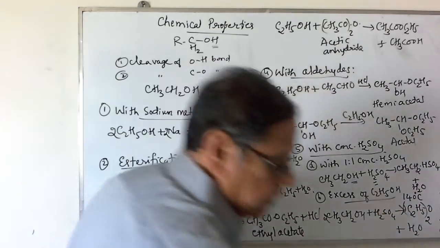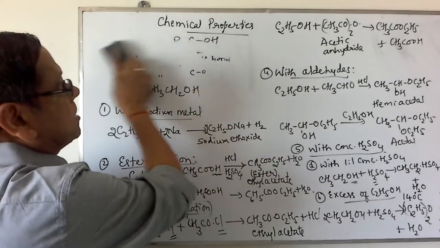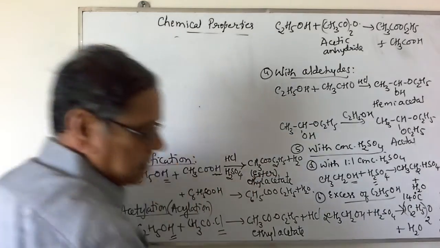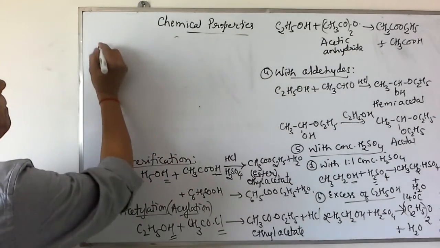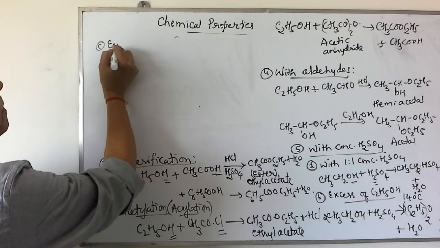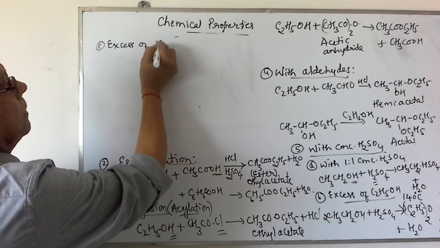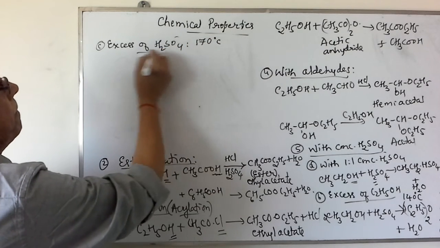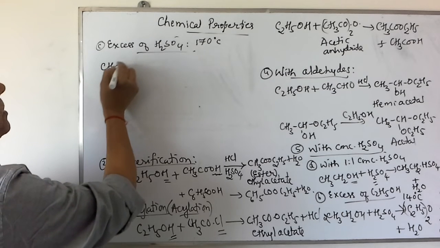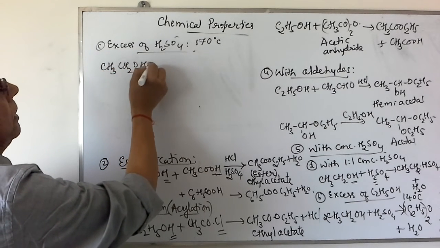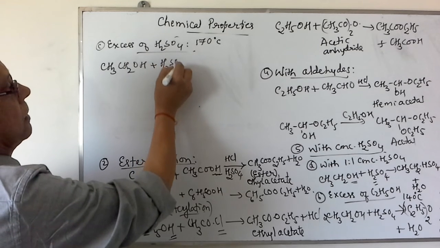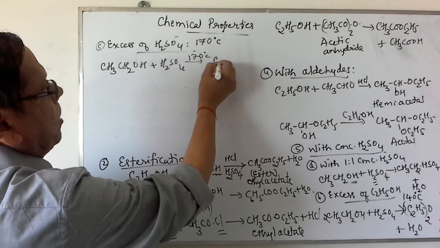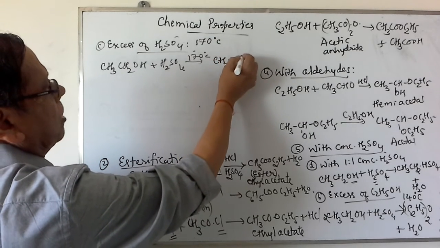The next one is when you take excess of sulfuric acid at about 170 degrees Celsius. When ethyl alcohol, CH3CH2OH, reacts with excess of sulfuric acid at about 170 degrees Celsius, a molecule of water is eliminated within the ethyl alcohol molecule.